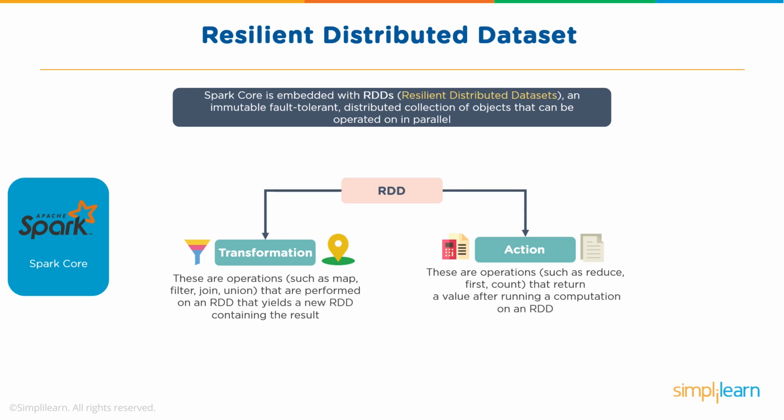And there are mainly two operations which can be performed on an RDD. To take an example, say I want to process a particular file. Here I could write a simple code in Scala. If I say val, which is to declare a variable, val x, and then I could use what we call Spark context, which is the most important entry point of your application.